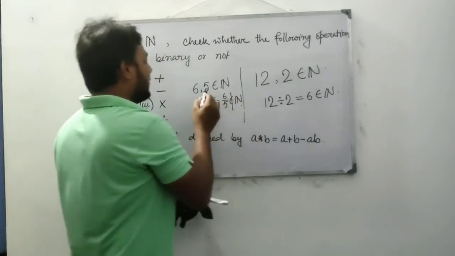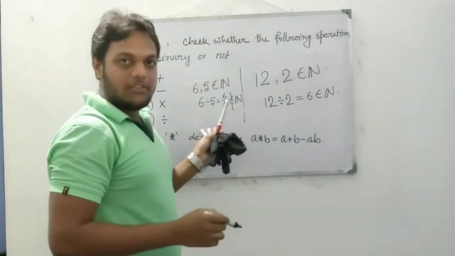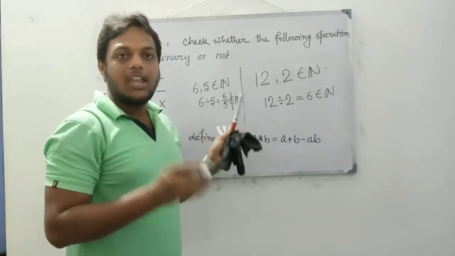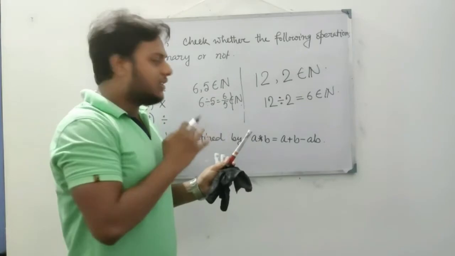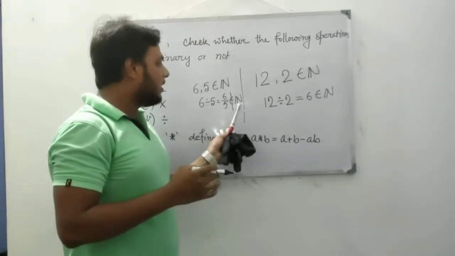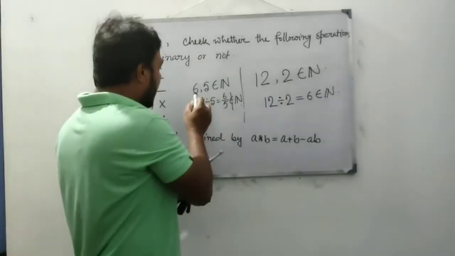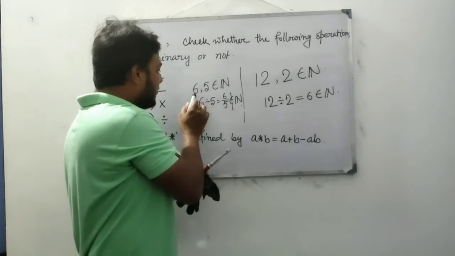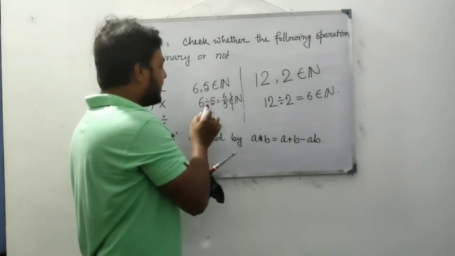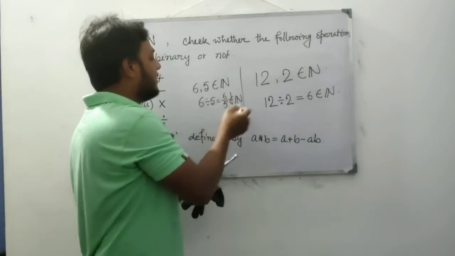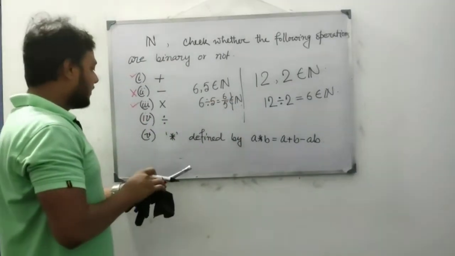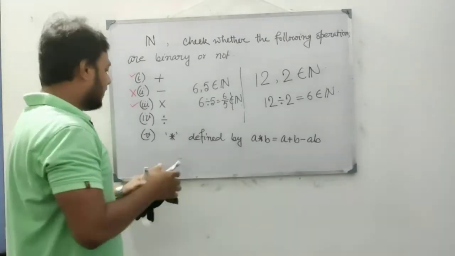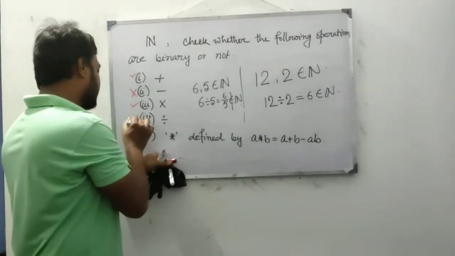So this is not true. According to the definition, you can choose any pair, and for any pair, after the operation, the resulting number should be in that set. So it is my wish that I have chosen 6 and 5, and if we divide, the result is not a natural number. So the fourth one is not a binary operation.